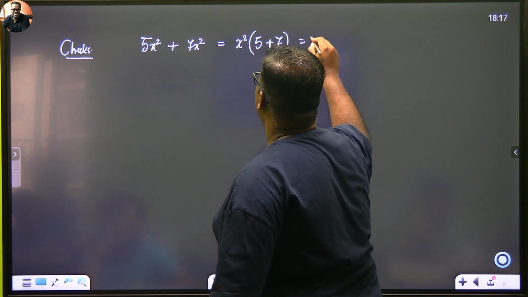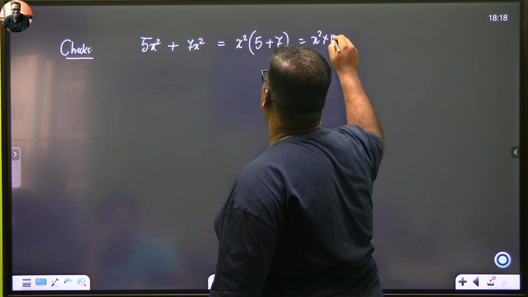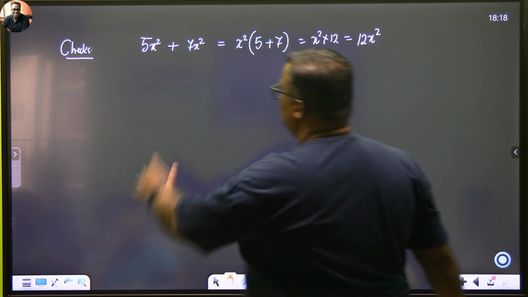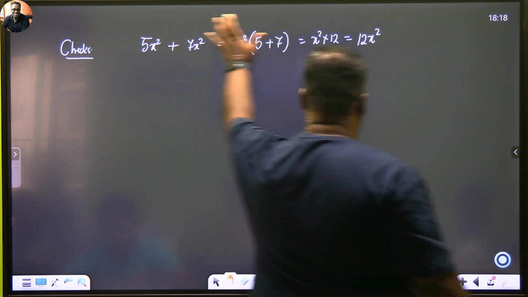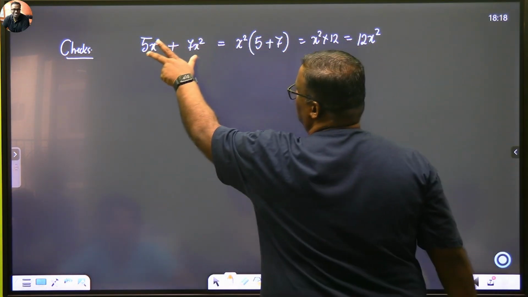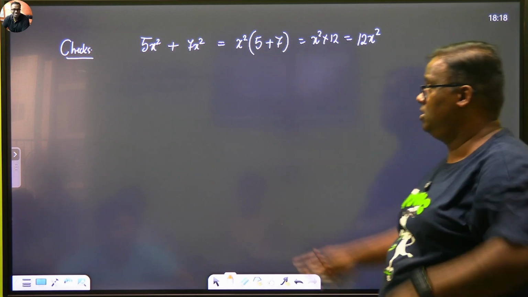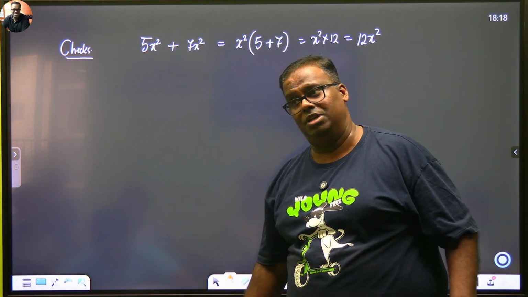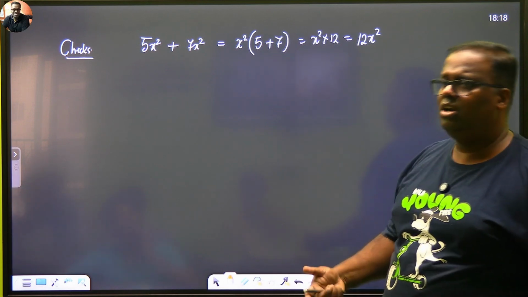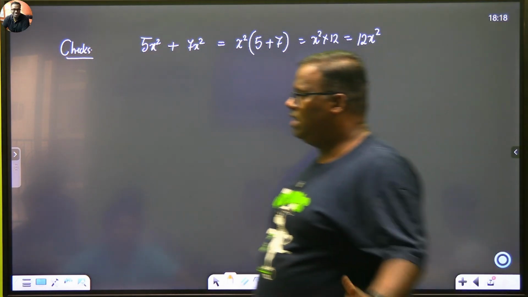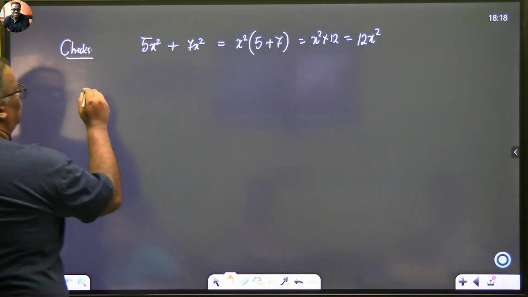And this is where you get x square into 12, which you write as 12x square. So two monomials added together gives me a monomial, provided the two monomials are like monomials, or like terms. Have you understood?